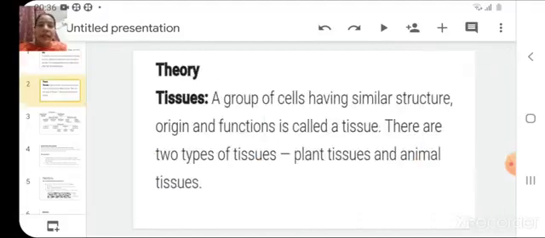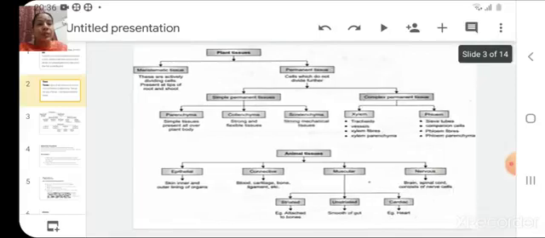After writing the aim we will write the theory, in which we will write about tissues: a tissue is a group of cells having similar structure, origin and functions, and there are two types of tissues, plant tissues and animal tissues.